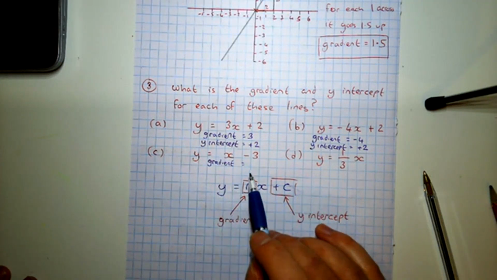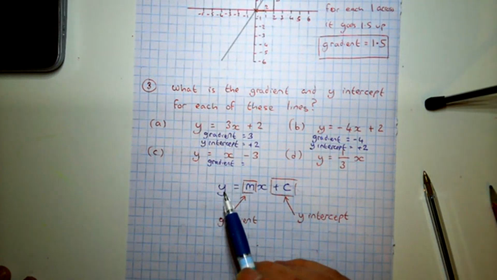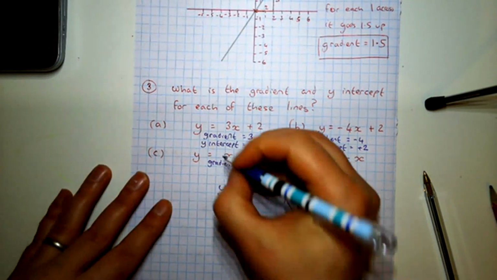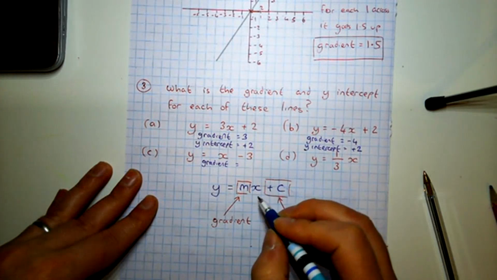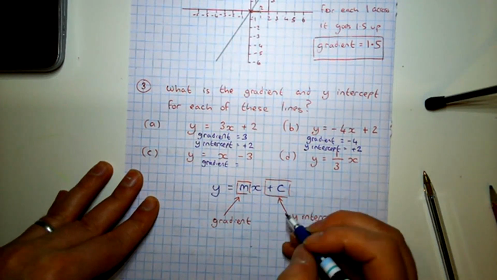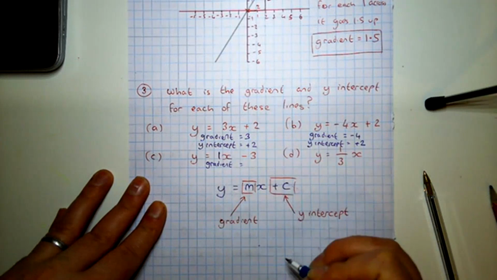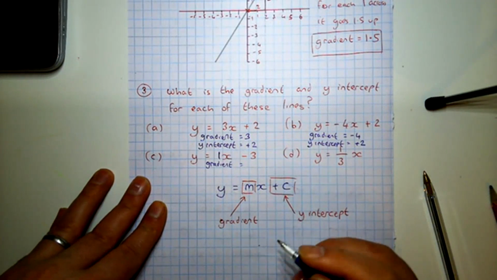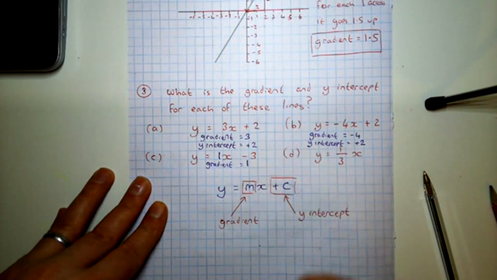Or some people say the gradient is 0 because there's no number in front of the x. But what we've got to understand is the number in front of the x is how many x. And how many x have we got there? We've got 1x. And we just generally don't put in the 1. But when we come to writing the gradient is 1.